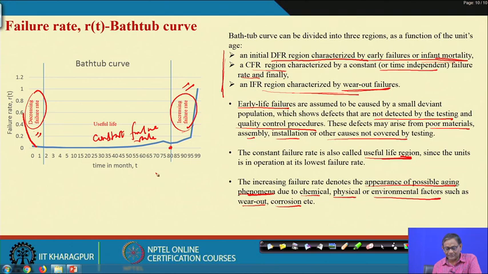Because of age and maybe overuse, stress, and environmental and chemical factors, the component, unit or system may undergo the wear-out phase, and then it is basically reaching towards its death. You have to dispose of the unit from operation. Okay, so that is the meaning of hazard rate or hazard function.